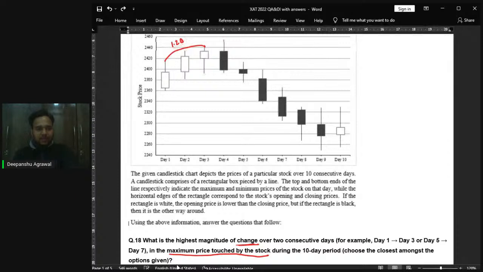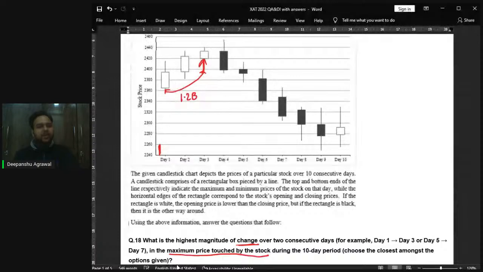Okay, let me write it clearly. So if we compare the maximum quantity of day 1 and day 3, there's an increment of 1.2 times the bar, that is 20, right?